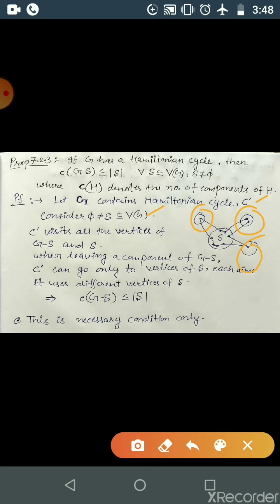So if C' is the spanning cycle, then it will be visiting all the vertices in G. So S is also included.